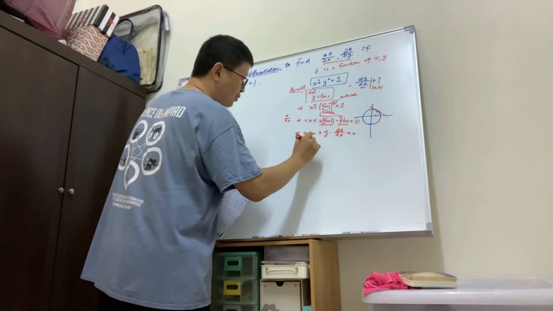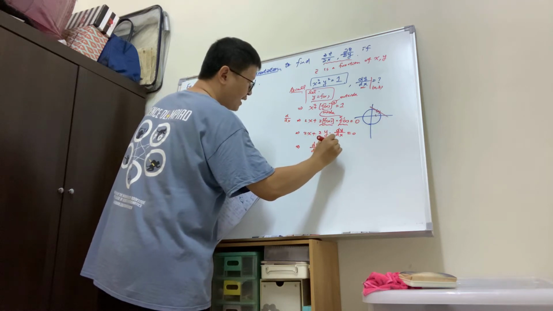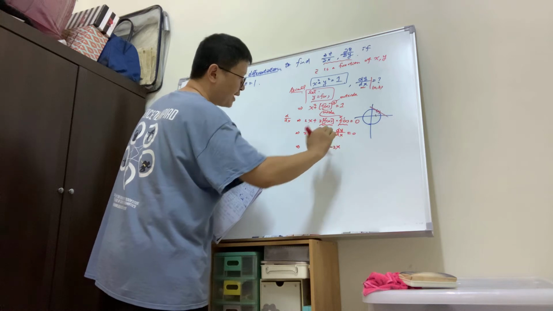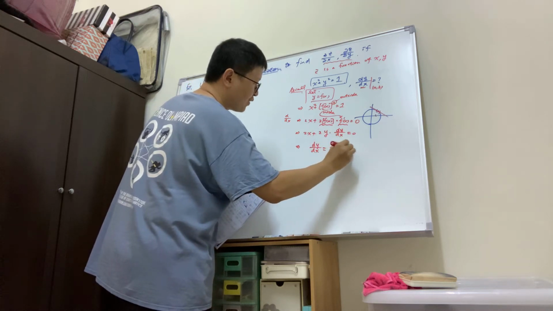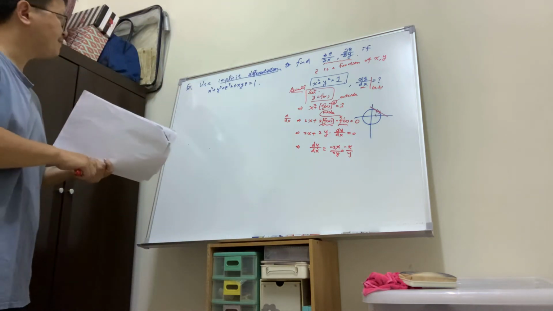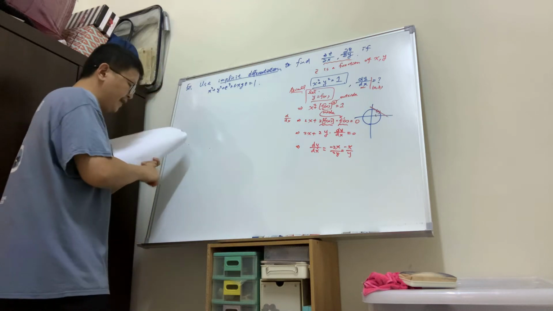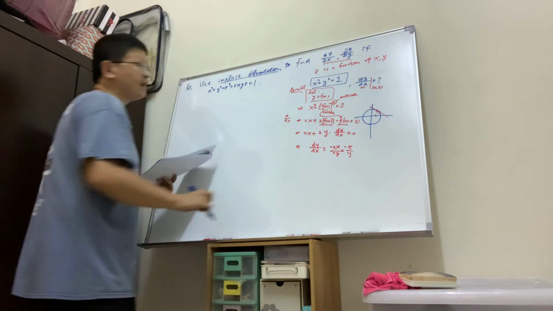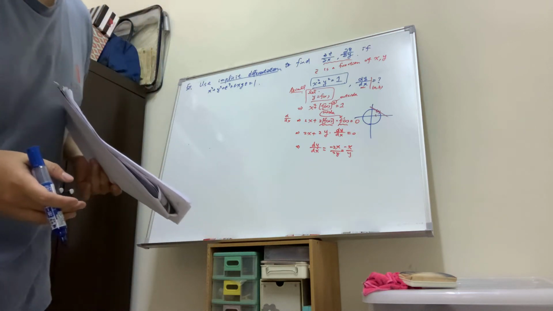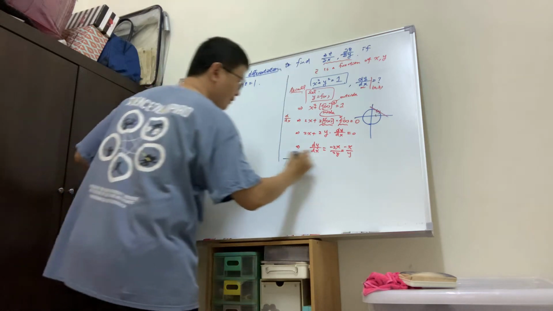Moving terms, dy dx equals negative 2x divided by 2y, which is negative x over y. We talked about this in the first semester, so we just recall it here.